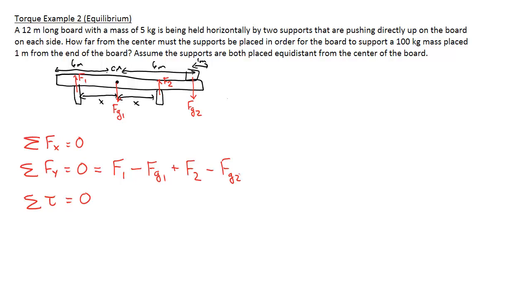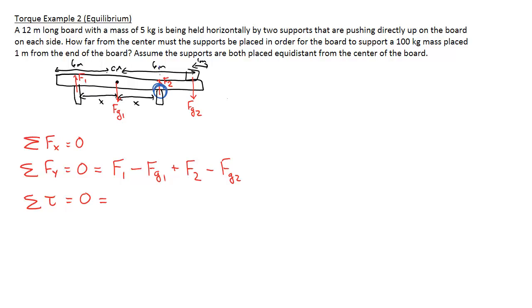For the torques, now here's where things get a little more interesting. What's going to happen here is if we're looking at the point where this 100 kilogram mass is going to be placed at the end of the board, if we're trying to figure out how far these supports must be placed from the center in order to support that 100 kilogram mass, we're looking at the point where essentially the board could tip around this support.